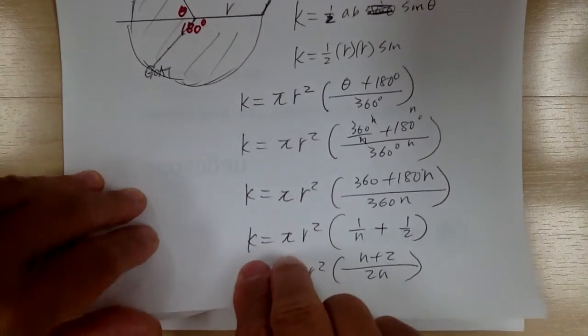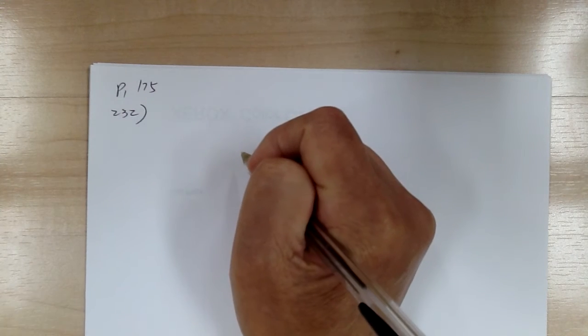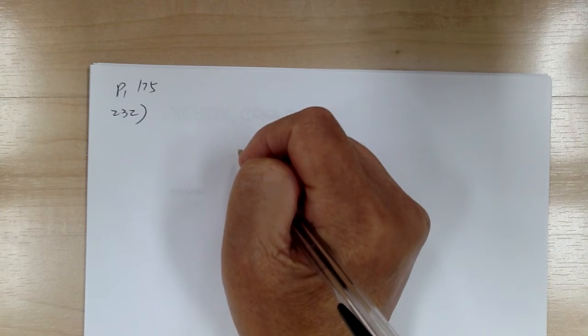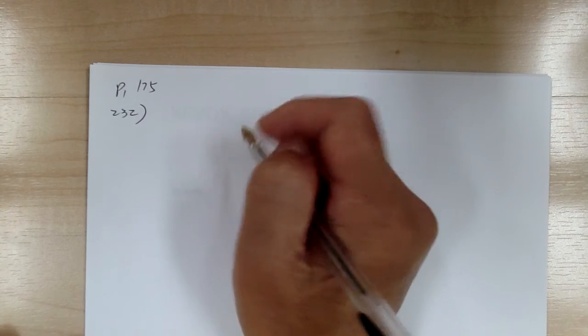Okay, let's go to 232. Exactly 3 of the interior angles of a convex polygon are obtuse. What is the maximum number of sides of such a polygon?